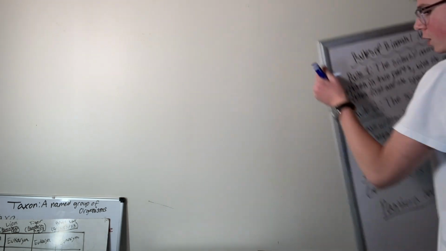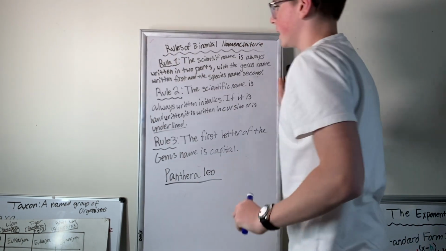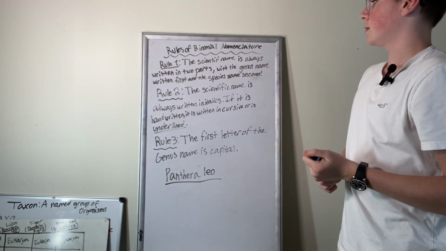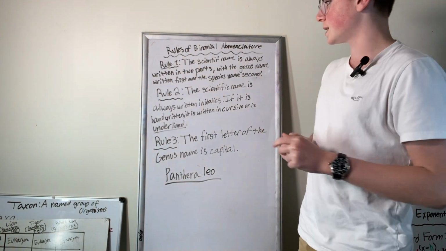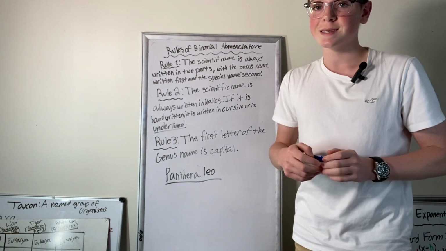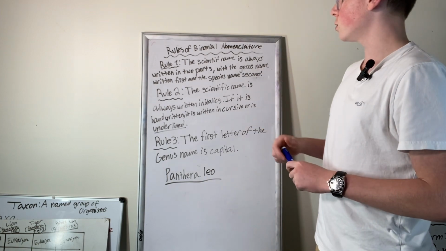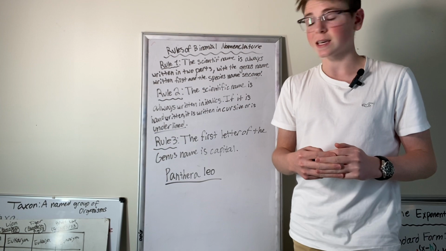Now, last slide is the rules of binomial nomenclature. I know. More rules, it's fun. Rule 1. The scientific name is always written in two parts, with the genus name written first and the species name second. Rule 2. The scientific name is always written in italics.